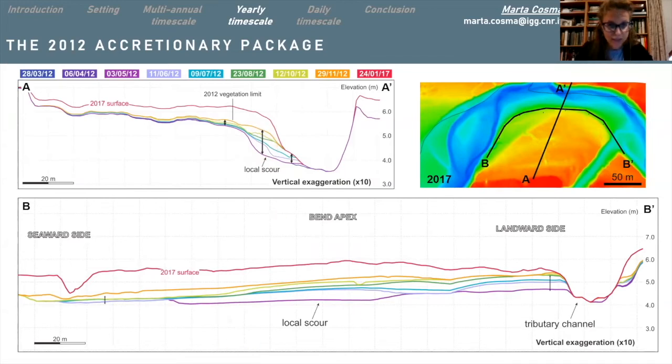Along the bend, the thickest deposits and the maximum number of preserved internal increments are located in the apex zone and just landward of it, while the thinner deposits and the minimum number of preserved internal increments are preserved in the seaward side.